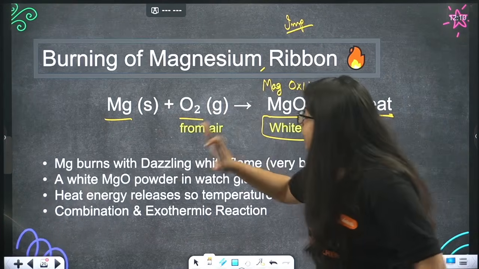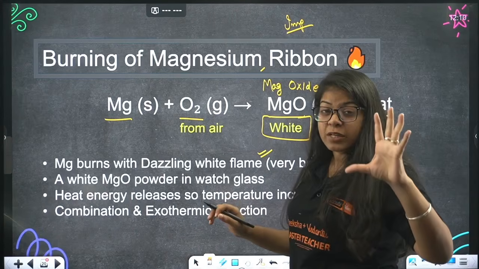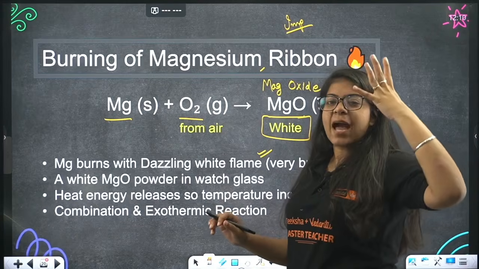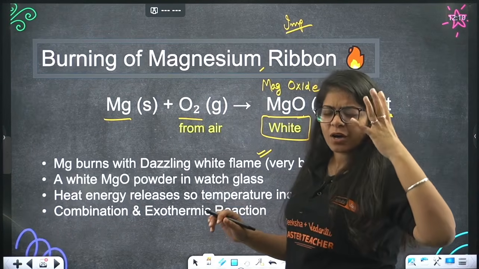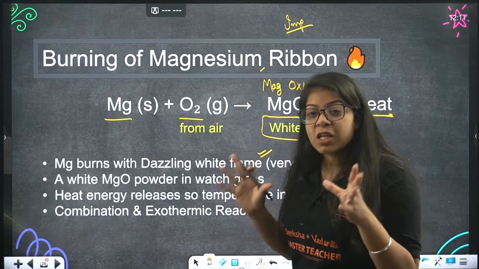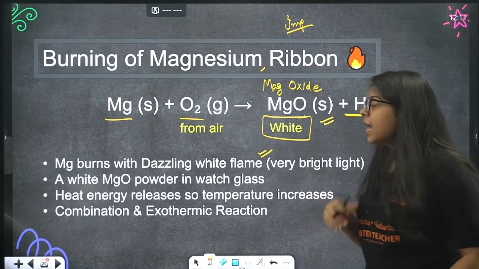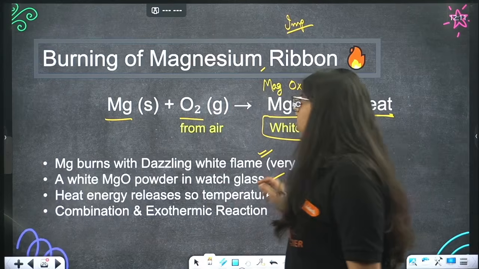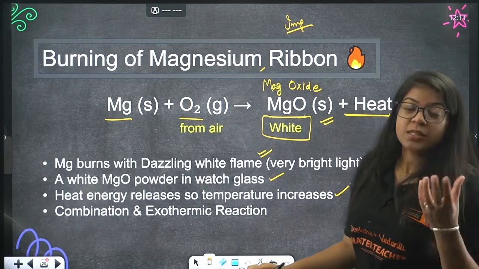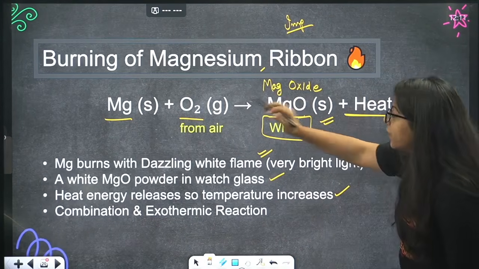What are those? Magnesium burns with dazzling white flame. So white flame, it is so white that, okay, when you look at the sun directly with your eyes, you get this flash, and then you look somewhere else, you are not able to see properly for some time, right? That's what happens when you look at this dazzling white flame when magnesium burns with oxygen very close to your eyes. Okay, and a white MgO powder in the watch glass is formed. Okay, heat energy releases, so temperature increases. Obviously heat is releasing, so temperature is increasing, and this beta is your combination reaction.